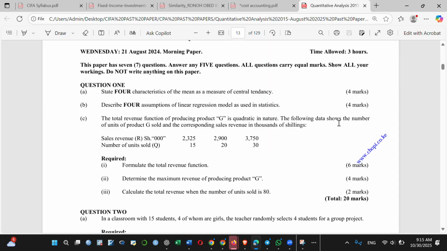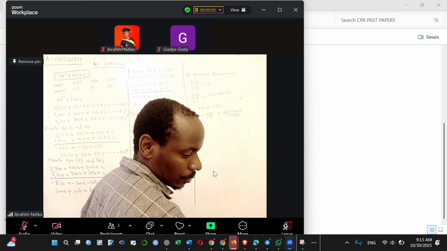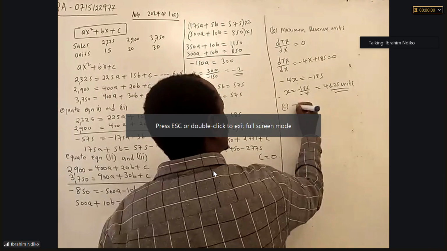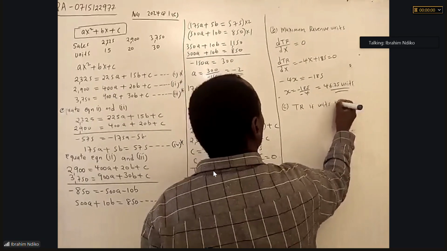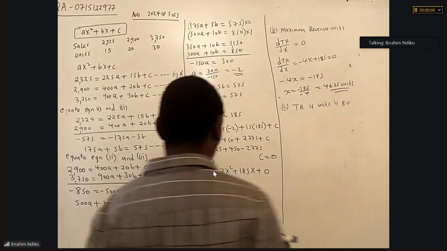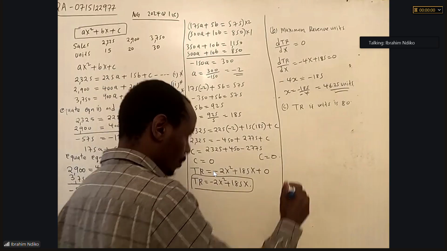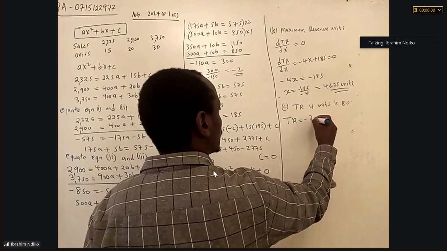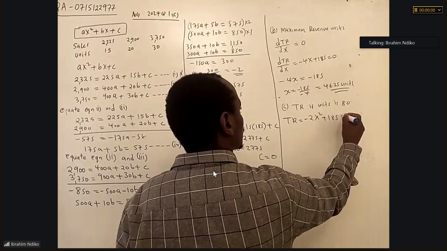The next item, number C, total revenue if units is 80. So we have our revenue here. Our total revenue is minus 2X squared plus 185X.